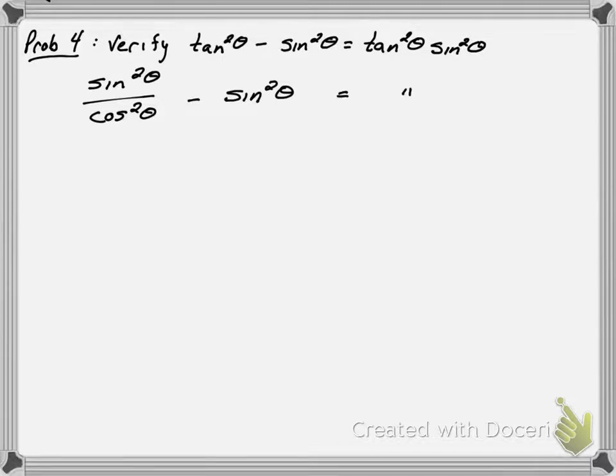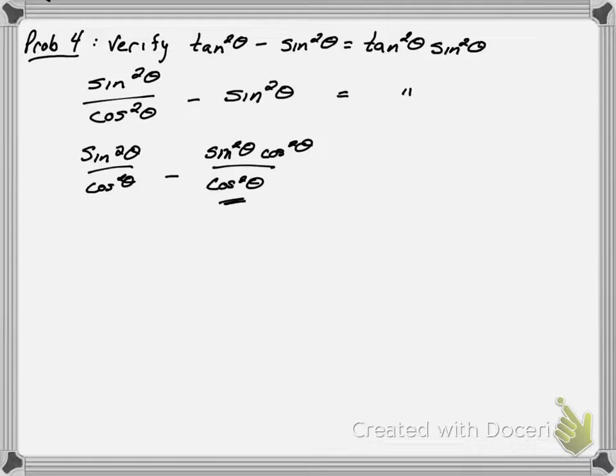Okay, so let's keep working over here. To be able to subtract this, we need common denominators. So sine squared theta over cosine squared theta minus, well, we need cosine squared theta on the bottom here. So what I have to do is multiply sine squared theta by cosine squared theta because that will give me that on top. So sine squared theta times cosine squared theta. That gives me my common denominators of cosine squared theta.